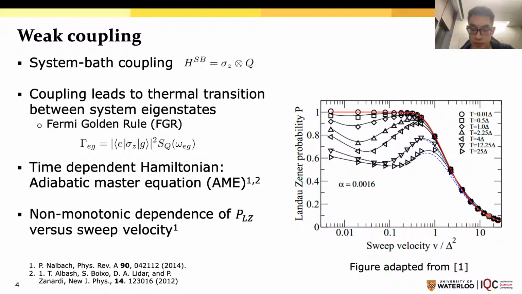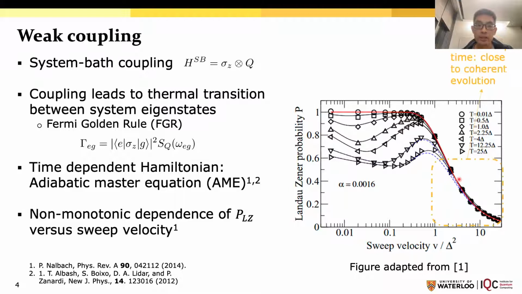We can start to look at this graph from the right-hand side, corresponding to very fast sweeps, or short sweep times. You can see that the transition probability is always close to the coherent Landau Zener transition probability, corresponding to the system behaving almost coherently.